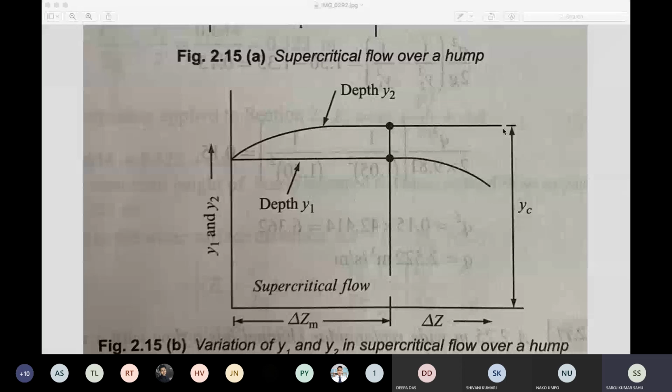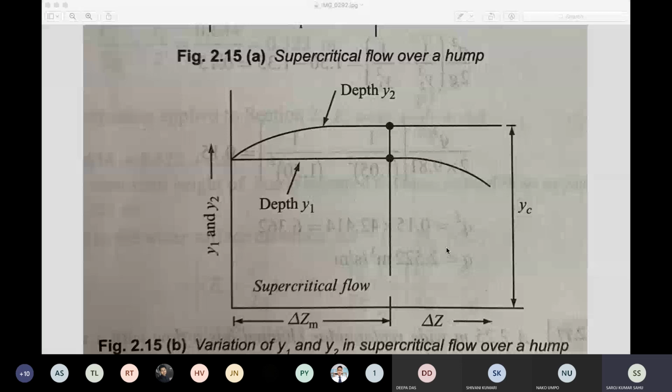Okay, so basically, if I would like to plot this, you are asked to plot the variation of y1 and y2 in supercritical flow. Y1 and y2 means the upstream depth and the downstream depth, the pre-hump depth and the post-hump depth, in supercritical flow over a hump.